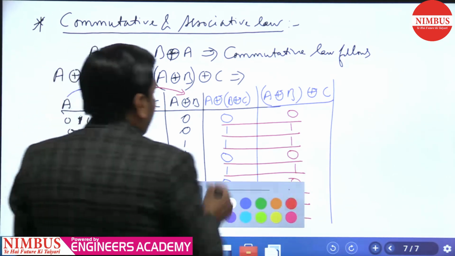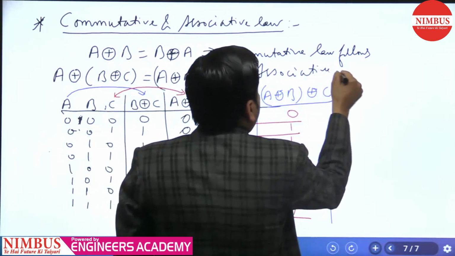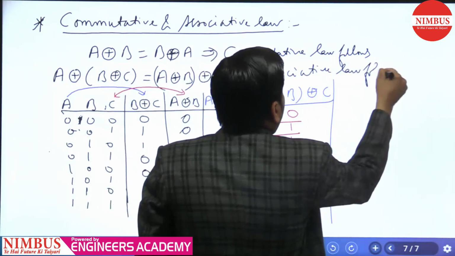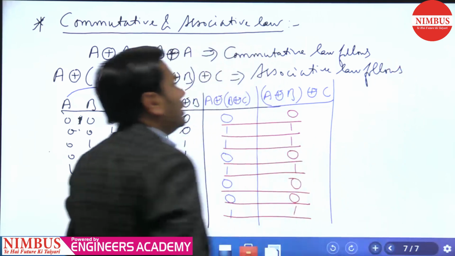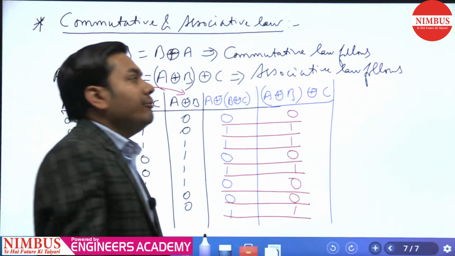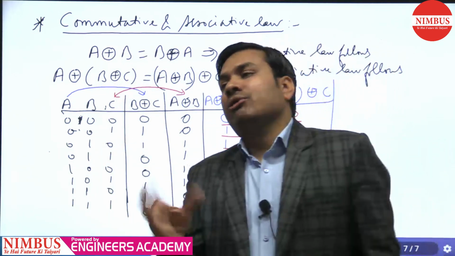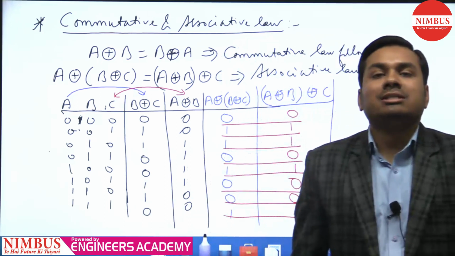When both have the same expression, that means the associative law follows for the XOR gate. Associative basically defines that the order of XOR operation doesn't matter.